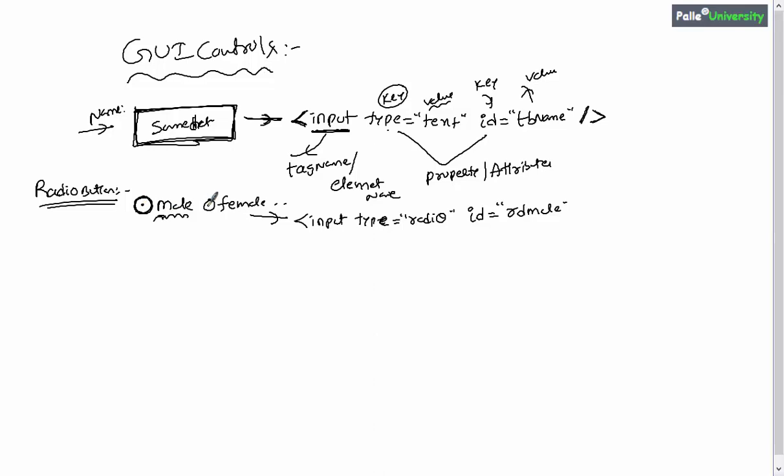If a female is using it, they have to select this one. In general, when you create a radio button it will just display a small circle. But in order to get some content next to the circle, you have to write that content as plain text immediately after the tag, right? Something like this. If you want, you can create any number of radio buttons depending on your requirement.